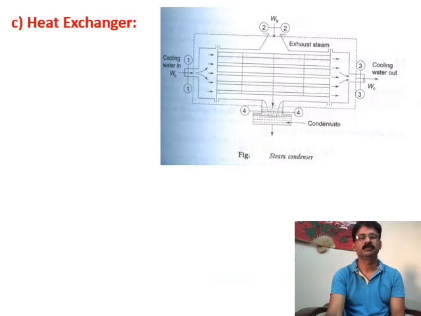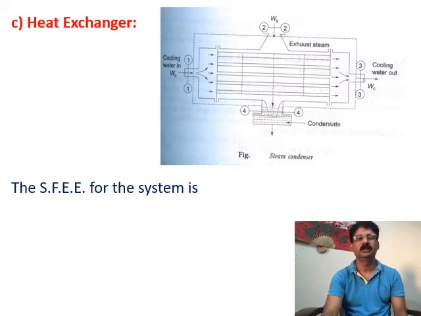Next, suppose you take a heat exchanger, where the two fluids don't mix. Here the hot fluid enters from the top, passes through the passage and comes down after getting cooled, that is usually condensate, so it will be condensed.